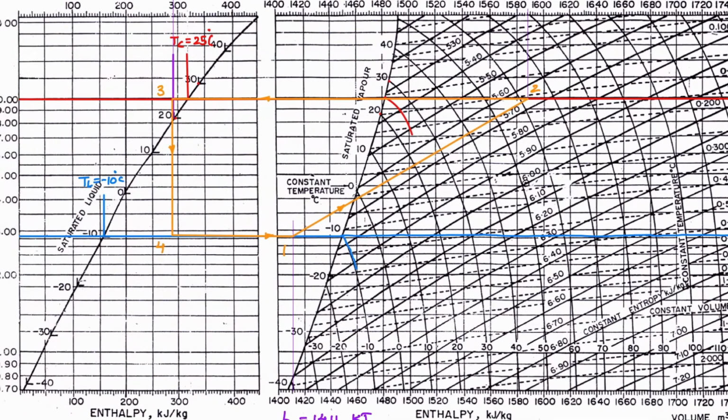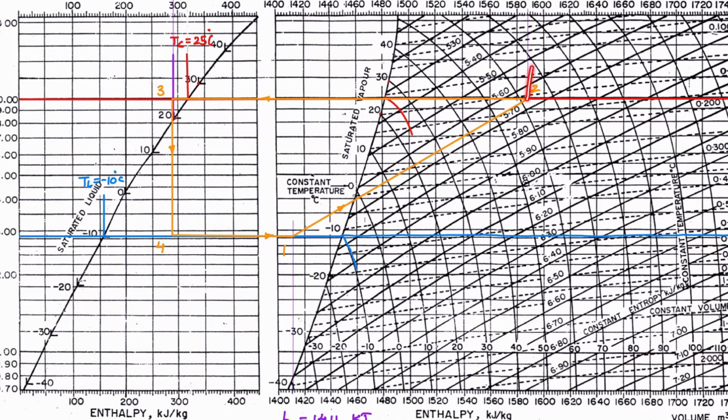Then what is given? Subcooling is 20 degrees Celsius. So from 20, I have drawn a vertical. Wherever it cuts the high pressure line, there we will get point number 3. So this part will indicate subcooling. From point 2 to point 3 we will show condensation.